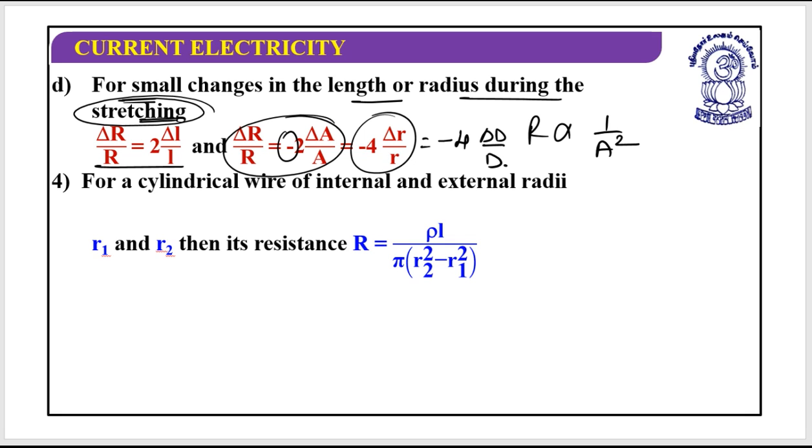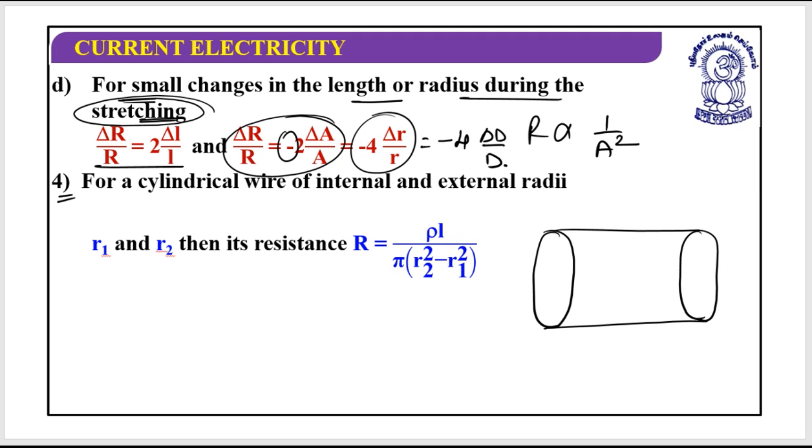Yes, and last but not the least and very important, let's look at a cylindrical conductor, something like this. If this kind of conductor is there and you have been asked the resistance, let's say the length is L. The radius of the outer cylinder is R2.